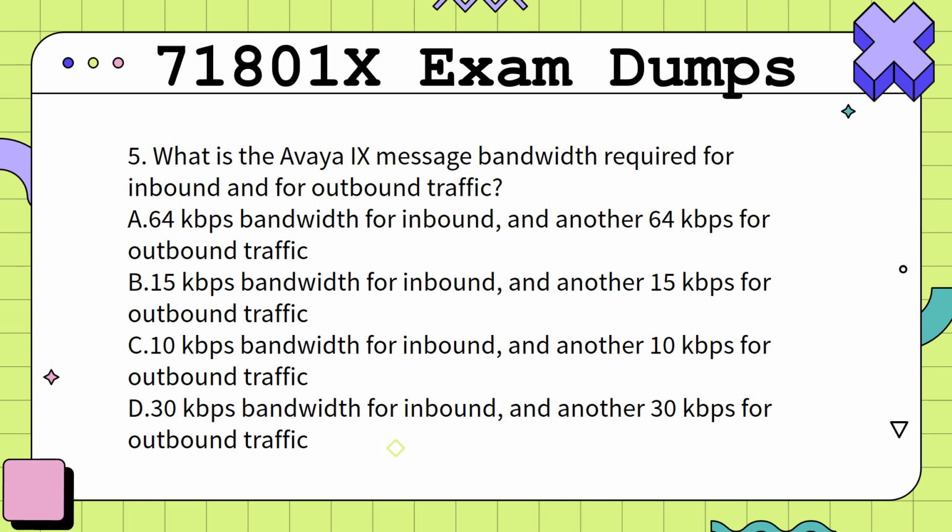C. 0.10 kilobits per second bandwidth for inbound, and another 10 kilobits per second for outbound traffic. D. 0.30 kilobits per second bandwidth for inbound, and another 30 kilobits per second for outbound traffic.